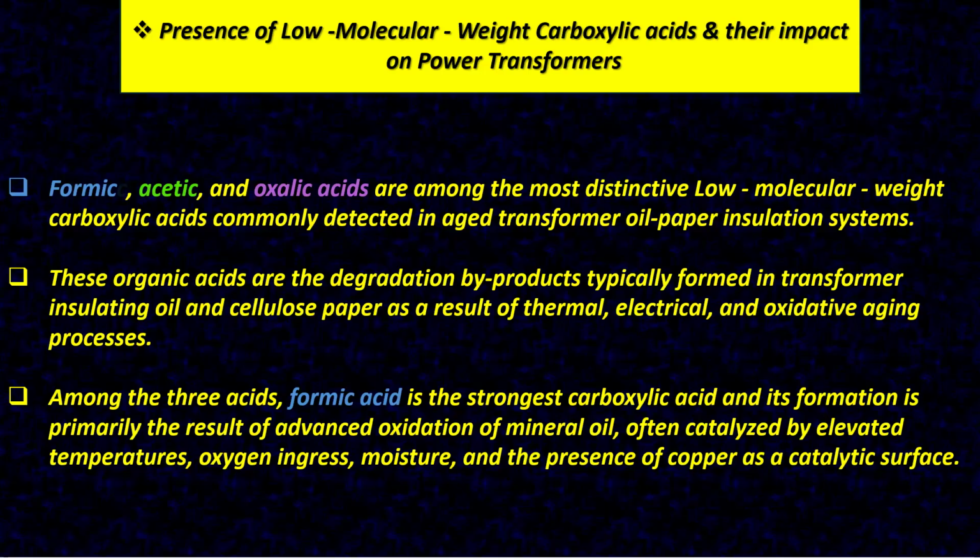Among the three acids, formic acid is the strongest carboxylic acid and its formation is primarily the result of advanced oxidation of mineral oil, often catalyzed by elevated temperatures, oxygen ingress, moisture, and the presence of copper as a catalytic surface.